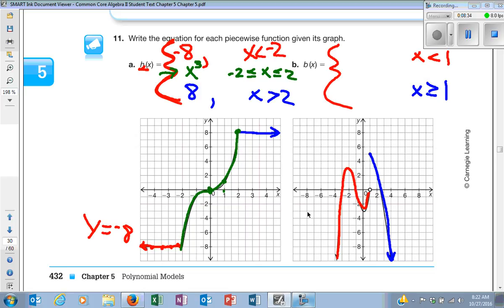Now, how do I figure out the equation? Well, what are these guys right here? Okay? This whole chapter, I've been giving you a nasty equation in standard form. What have you been doing to it? Because I've been asking you to give me the equation, and I'm asking you to graph it, right?